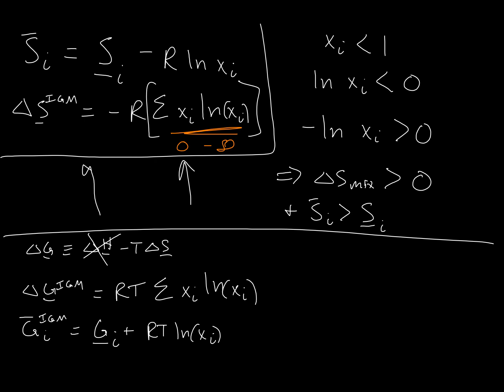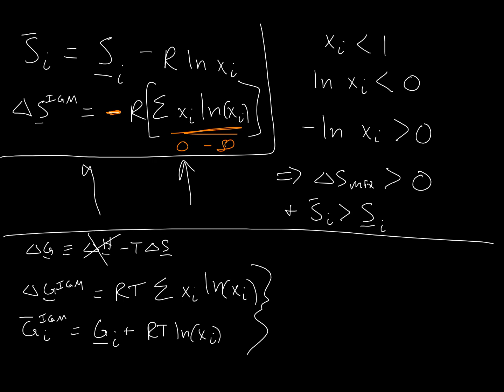Okay, so a couple of key properties looking at this. In the entropy term, you have a negative term there, which means that all the negative values for the natural log flip to positive, so your entropy always goes up.